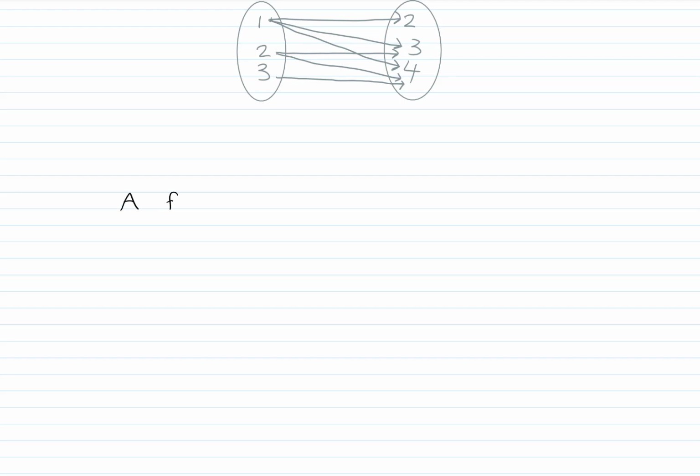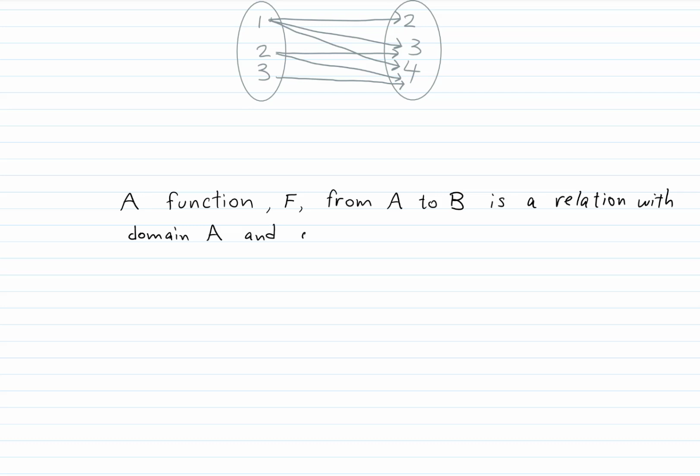A function, usually people will use the letter F instead of R if they have a function, from A to B, is a relation with domain A and codomain B that satisfies the following two conditions.